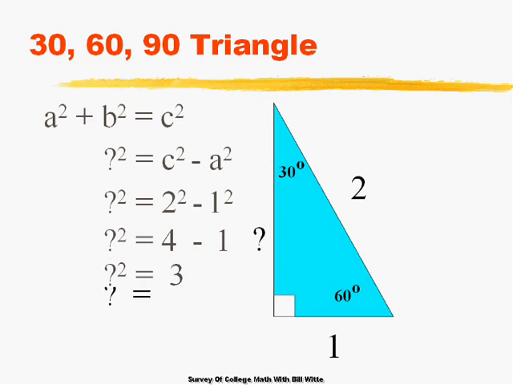That leg will always be in a ratio of 1 to 2 to square root of 3. Now I know that's the number 1.732, but you'll see any 30-60-90 triangle will always be in a ratio of 1 to 2 to square root of 3. Once again, you can memorize it, or you can use the Pythagorean theorem and remember that that hypotenuse is always twice that lower leg, because if you put the two together, you get that equilateral triangle.